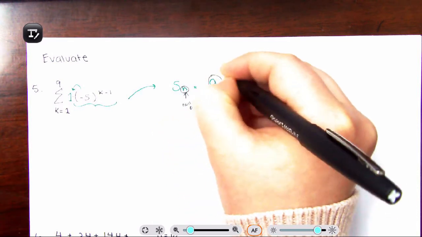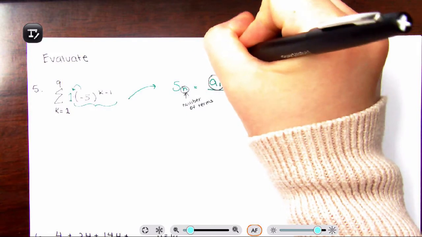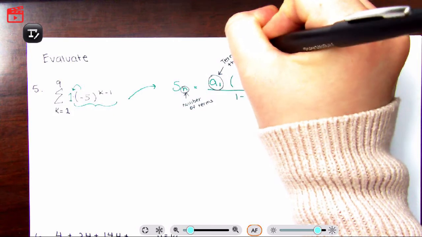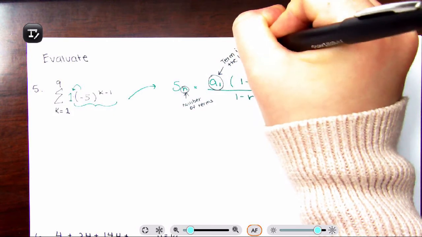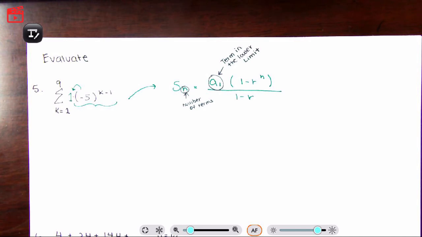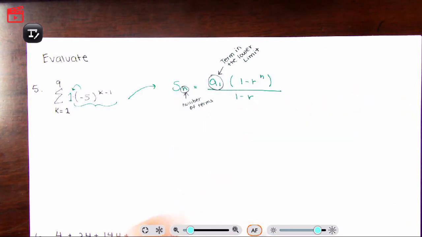Your a sub 1 is not actually the term in the first position, it's the term in the first position based off of your lower limit. For example, if the lower limit was 3, then you would use the term in the 3rd position, whatever number that is. R we know is a common ratio, n again must match, so it's the total number of terms.